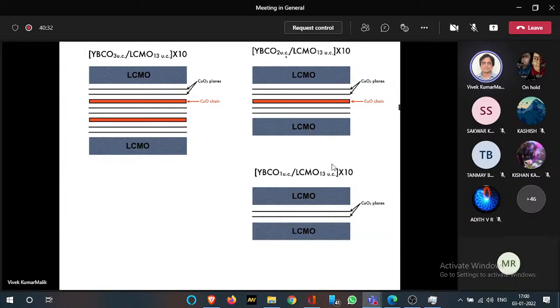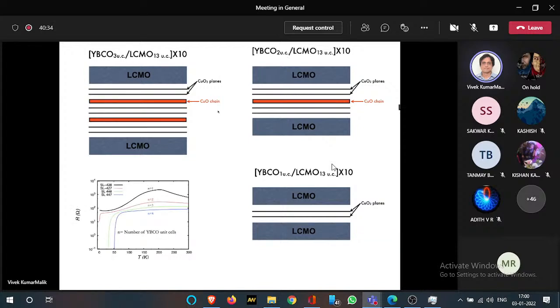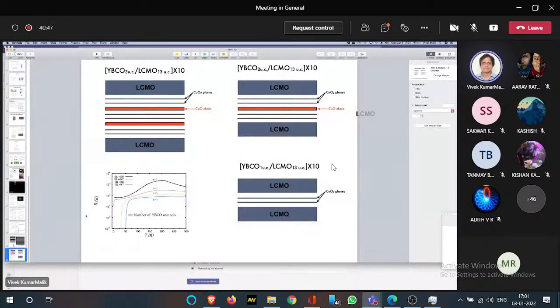That's what we did, and we found that with 4 layers of YBCO it's superconducting. 3 layers, of course, superconducting. 2 layers are also superconducting, but with 1 layer it's not really superconducting.